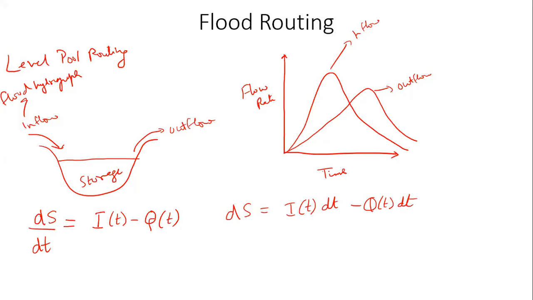Correct? Okay. Now, what is the objective here? We are interested in trying to find out what the outflow hydrograph is. Given the inflow hydrograph, I want to find out what the outflow hydrograph will be for this given reservoir, right?